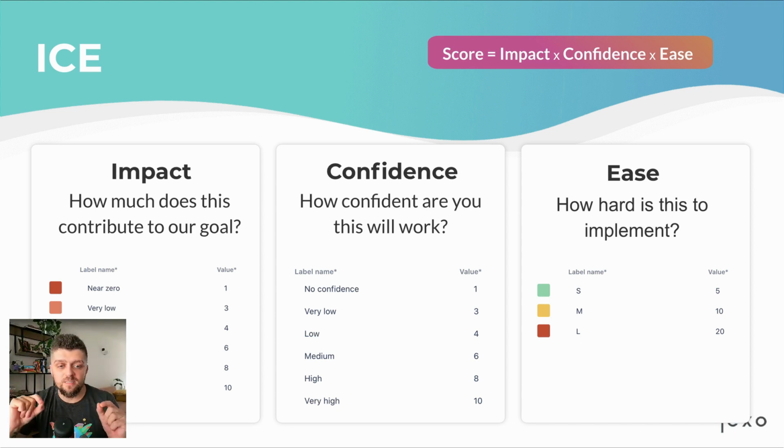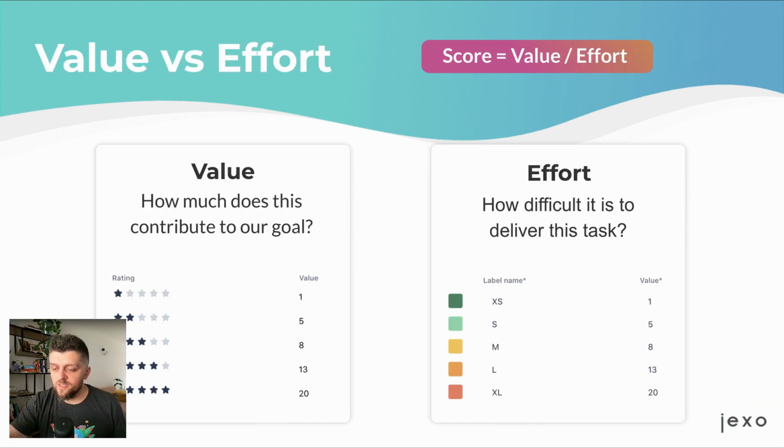And in this scenario, unlike the previous, which is value versus effort, in value versus effort, if you look at the values of each of the options, value is a high positive, right? So the higher you go in the value, the more positive, while effort is negative, higher in negative value, to put it like that. So XS, which is very positive, because you're basically saying, oh, there's a valuable, let's say there's a valuable item to deliver, and it's very tiny to deliver.